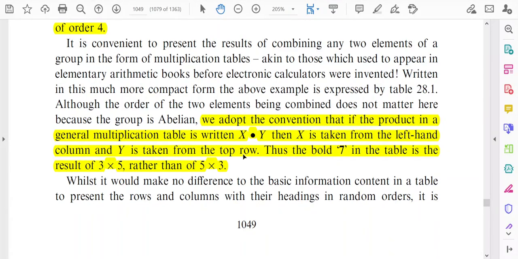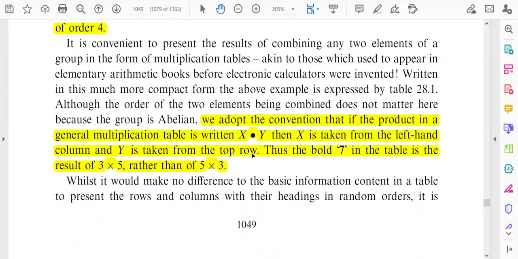It means that if you want to combine two elements of the group, x and y, and you want to combine x dot y, then x has to be taken from the left hand column and y from the top row.